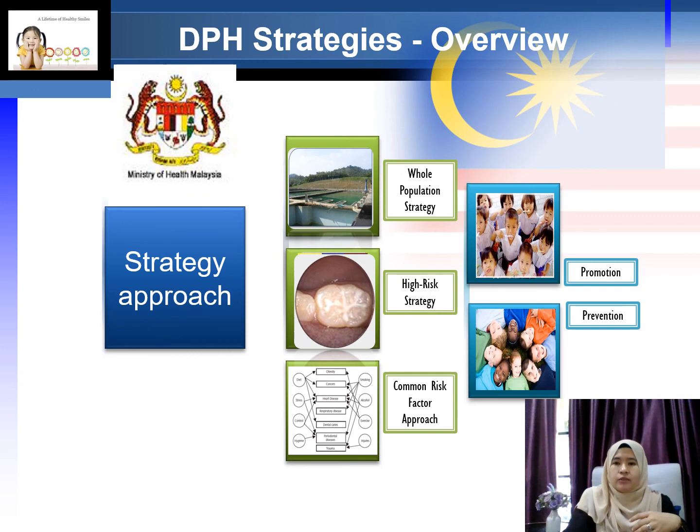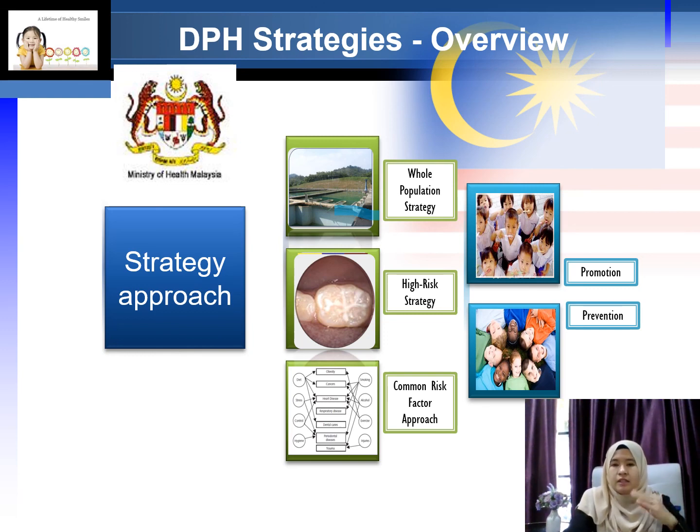Okay, so as for the overview, alright, we have the whole population strategy, high risk strategy, and common risk factor approach. Okay, and under the whole population strategy, we have targeted population strategies. Okay, but these are the three main strategies that you should know.